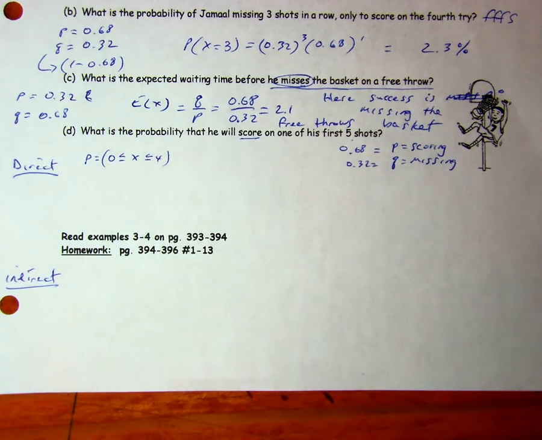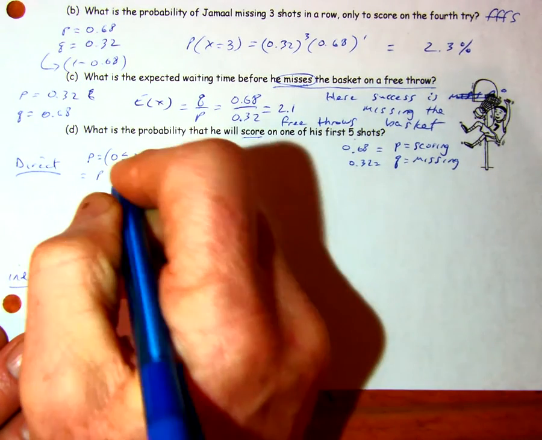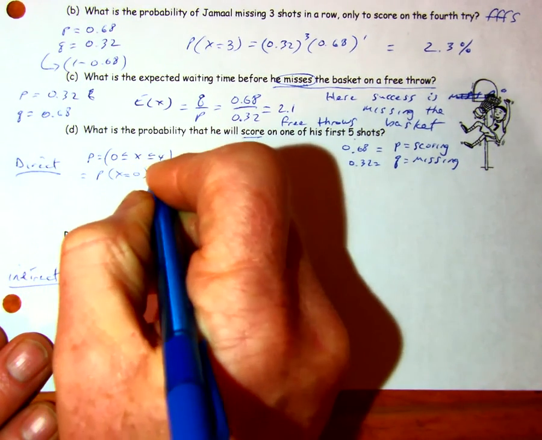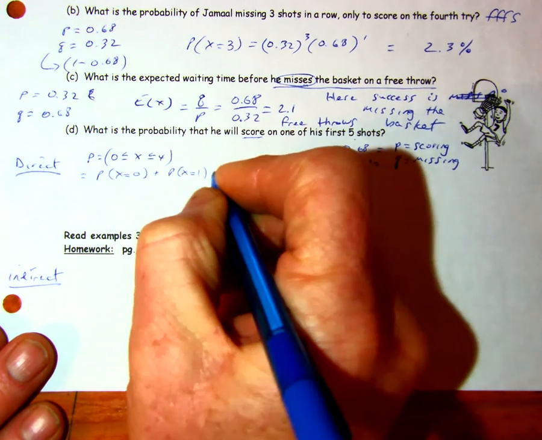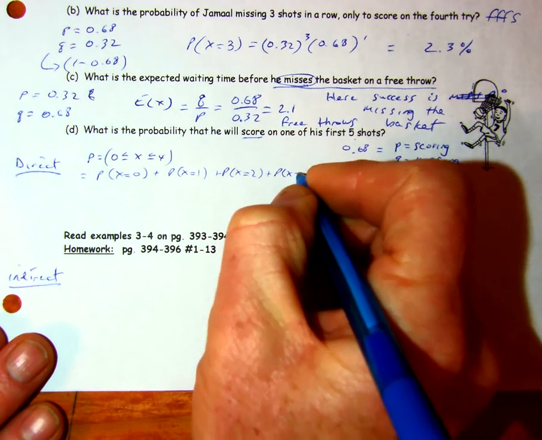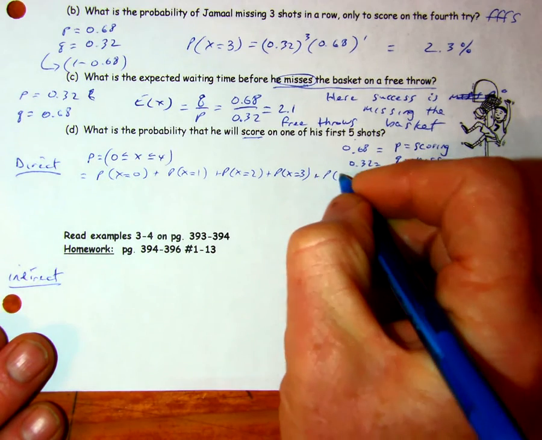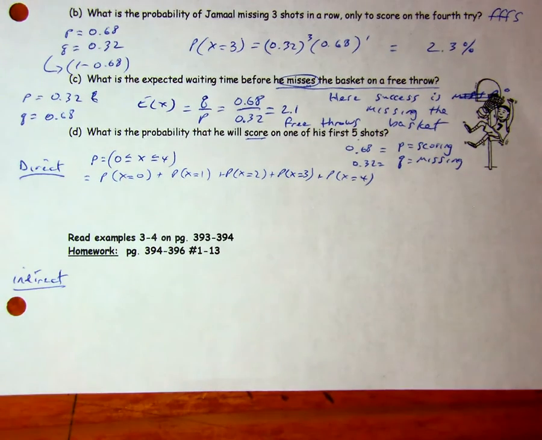That's what was missing. So this is going to be the probability of X equals 0 plus the probability that X equals 1 plus the probability that X equals 2 plus the probability that X equals 3 plus the probability of X equals 4.